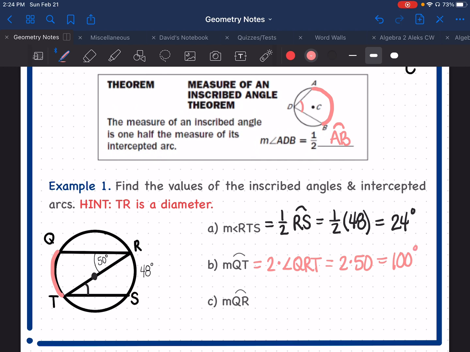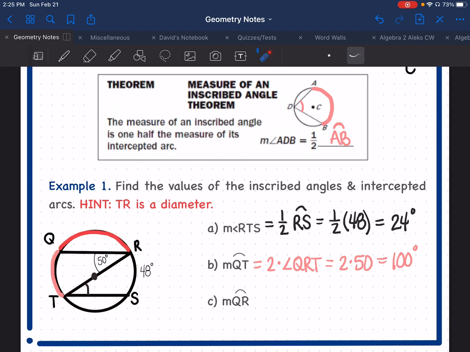Now for QR. So let me grab this. QR would be right here. There's QR. Remember in the hint, they told me that this is a diameter. If this is a diameter, it's going to take my circle and cut it into half, where this is 180 degrees and that is 180 degrees.